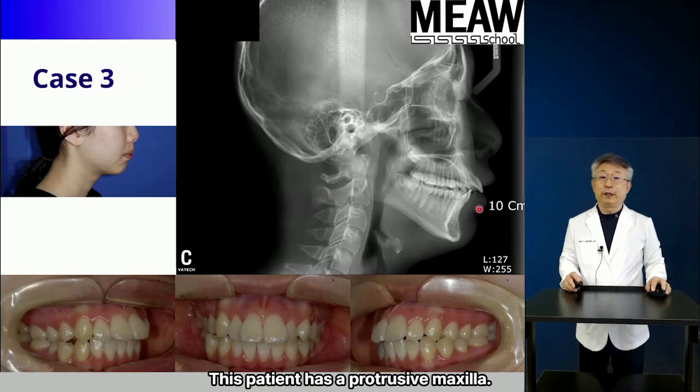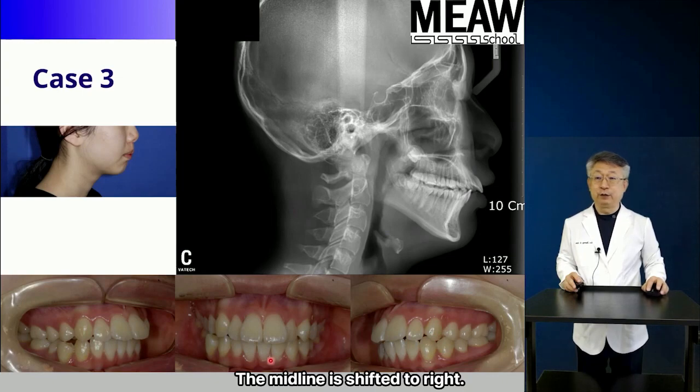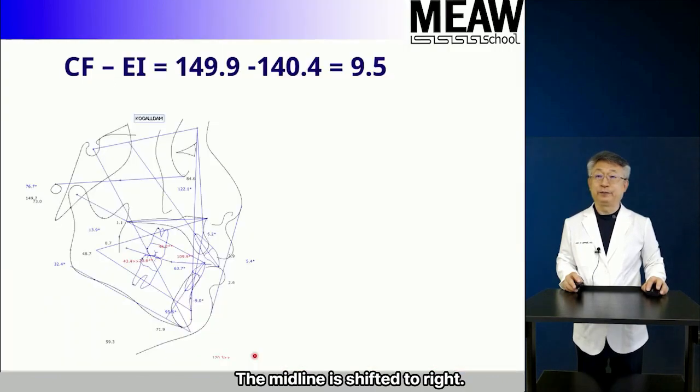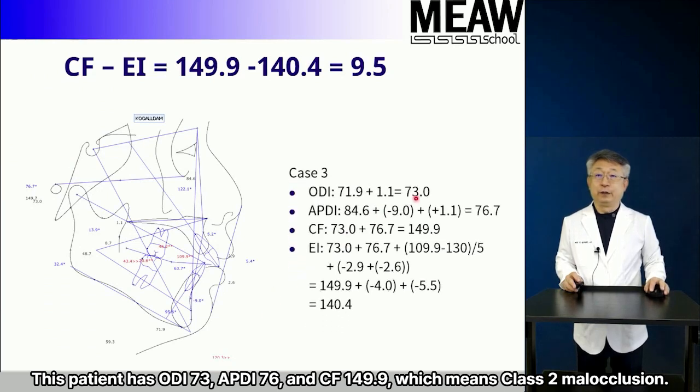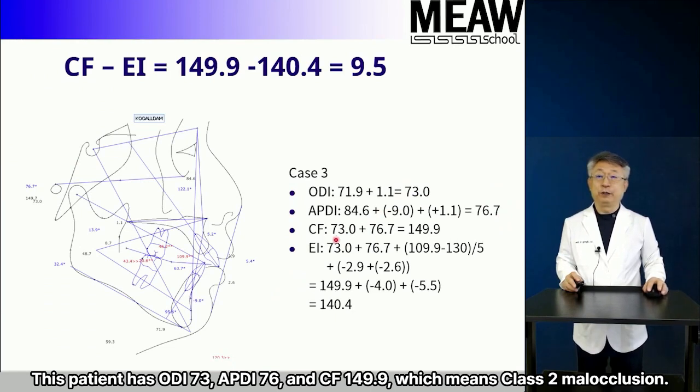This patient has a protrusive maxilla. The canine K is full class 2 on the right side and class 1 on the left side. The midline is shifted to right. This patient has ODI 73, APDI 76, and CF 149.9, which means class 2 malocclusion.